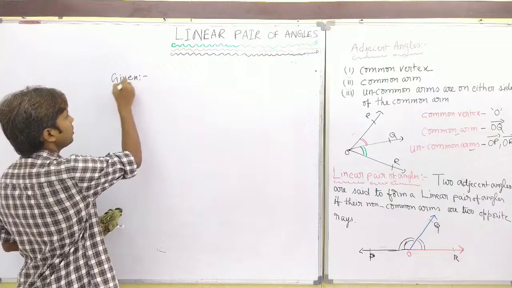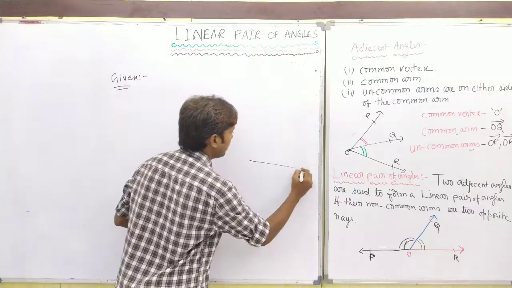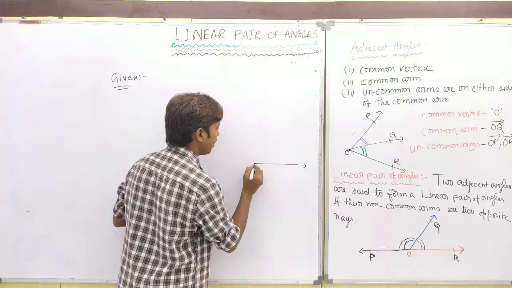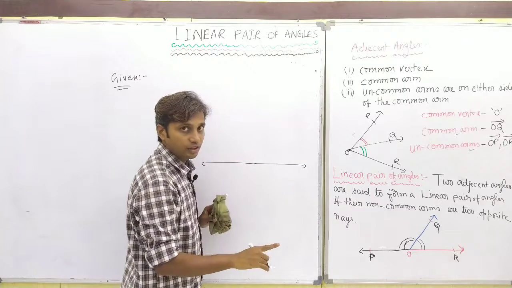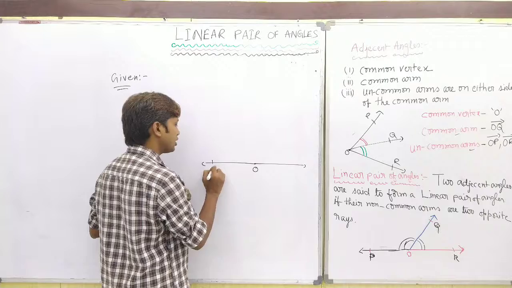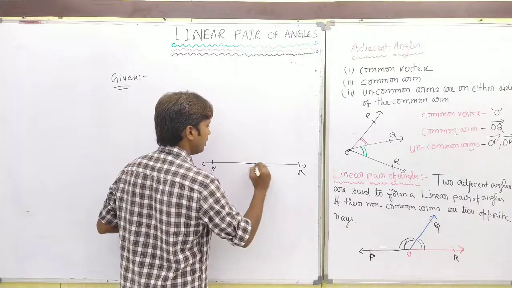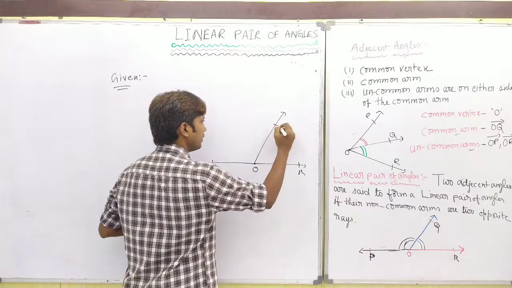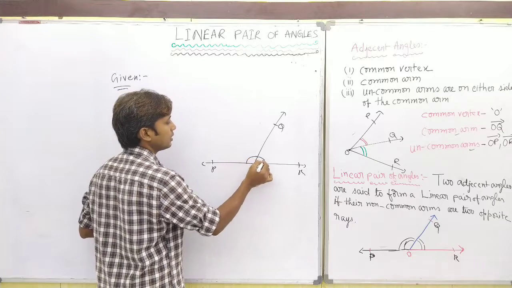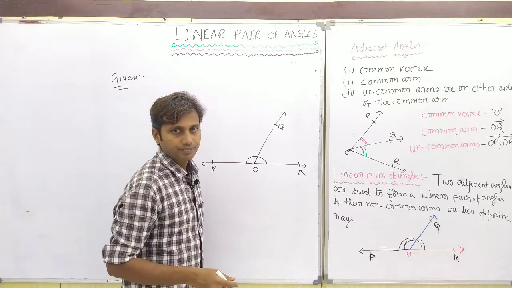Given is what? Here, if you take two oppositely directed rays, or you can say one straight line also. This is point O where they are meeting, and this is P, this is some R, and here some Q, which is another ray. So here this is the pair of angles formed.